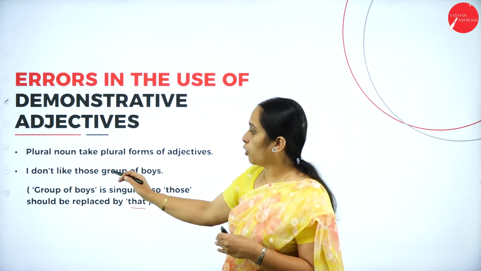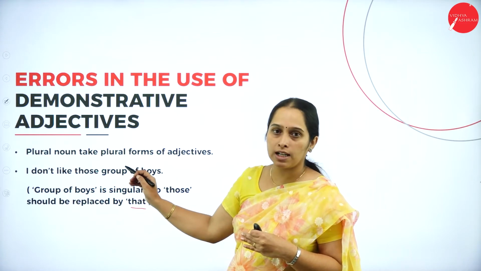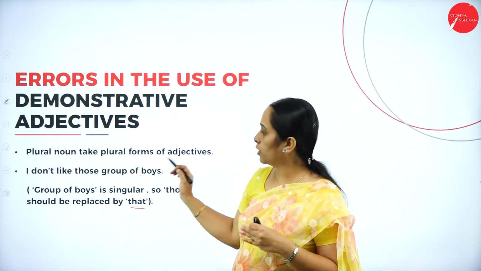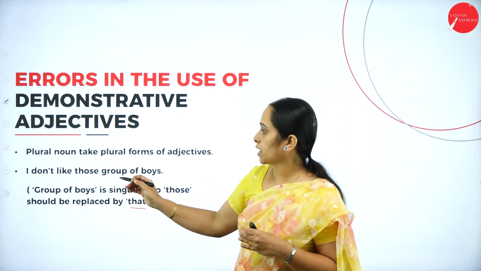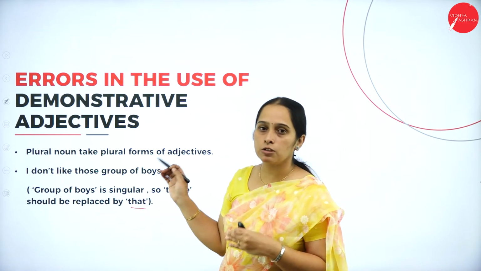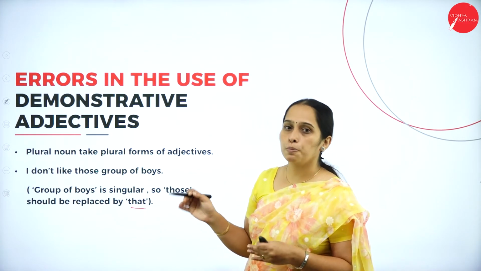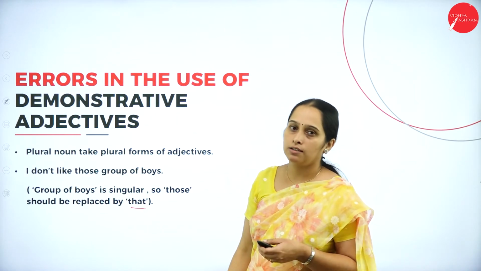Those is used for plural, but group is not plural here. If the sentence was I don't like those boys, it would have been correct. Here they have included group, which is singular, so no need of using those. Instead, you can use that.